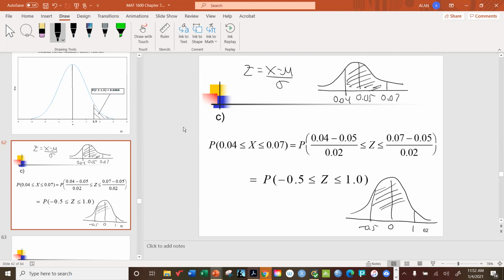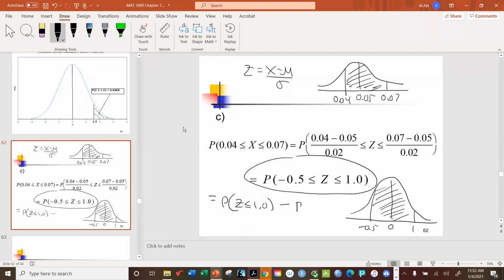And we saw earlier that we cannot do that directly. What we have to do is calculate two probabilities, each of which can be looked up in the table. Okay, so you can go directly to the tables. I've already taken care of that for you. The difference between these two is what we're looking for.